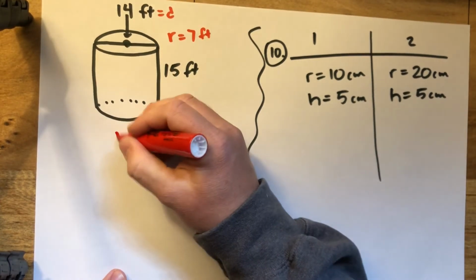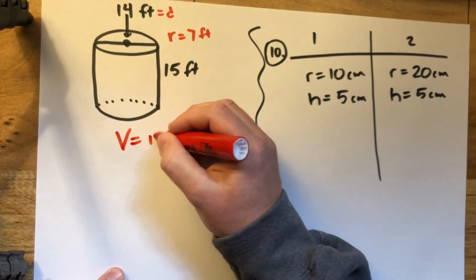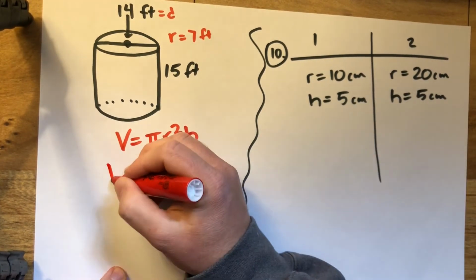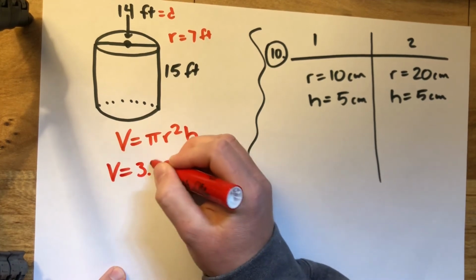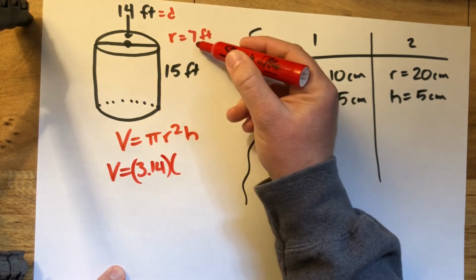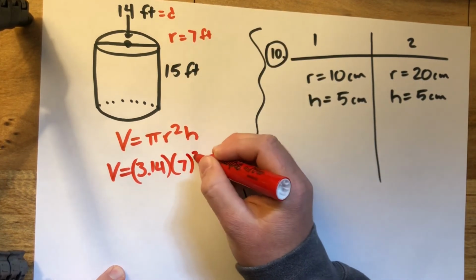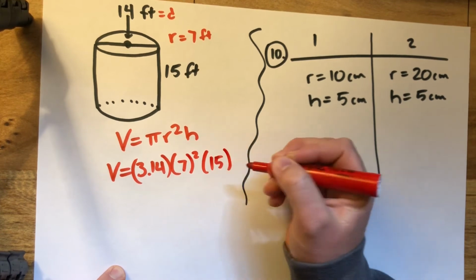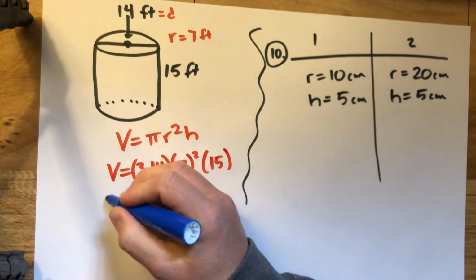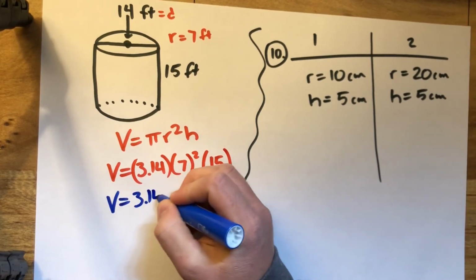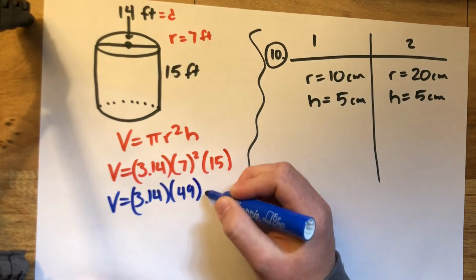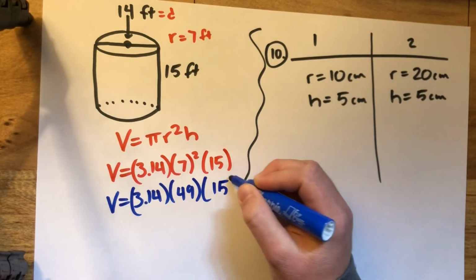Let's jump right into our formula. Volume equals pi r squared h being multiplied. So volume equals 3.14 times the radius, 7, not 14. 7 is the radius, times the height. Keep in mind that you got to square your radius first. So we'll go volume equals 3.14 times 7 squared, which is 49, and then times the 15.